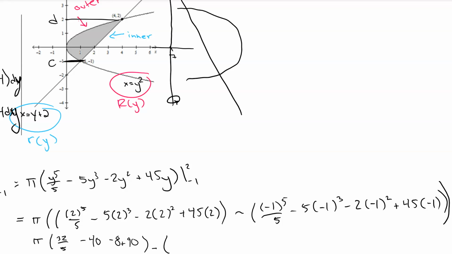Then we've got negative 1 to the 5th is negative 1. So we got negative 1 fifth. And then we've got negative 1 cubed, which is negative 1 times negative 5, positive 5. Negative 1 squared, positive 1 times negative 2, negative 2. And then 45 times negative 1, negative 45.